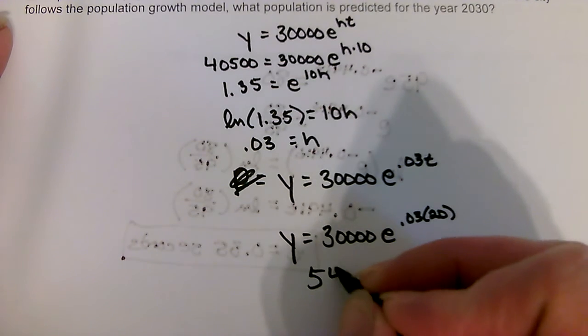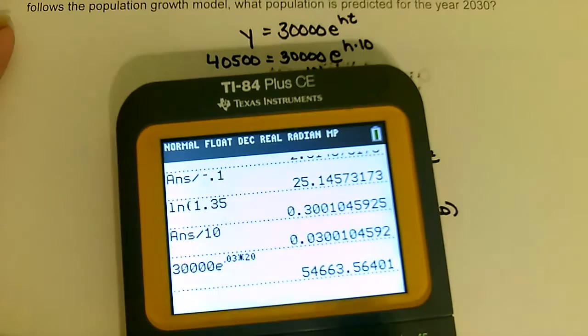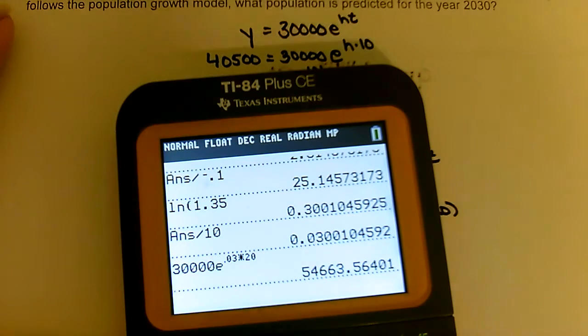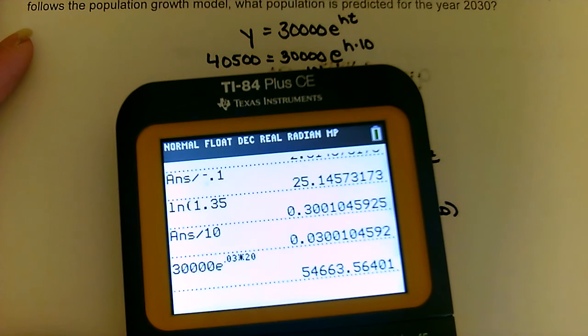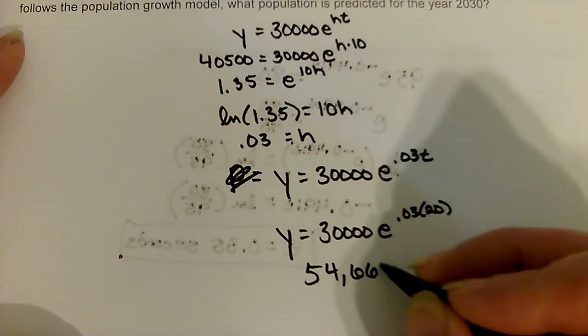And we'll get 54,660. I actually got 54,663.5, and I'd round that up to 54,664.